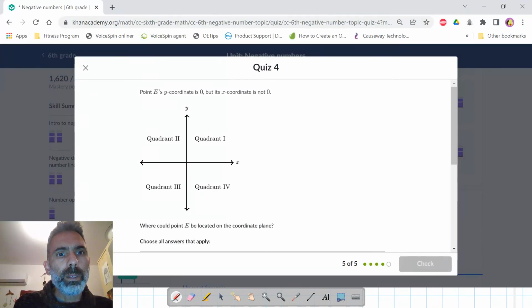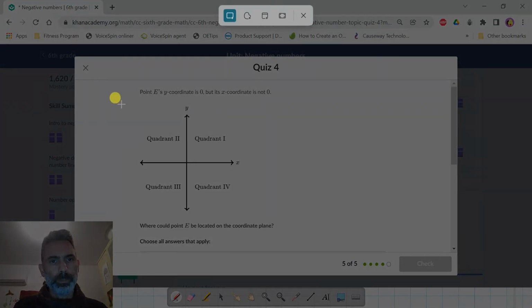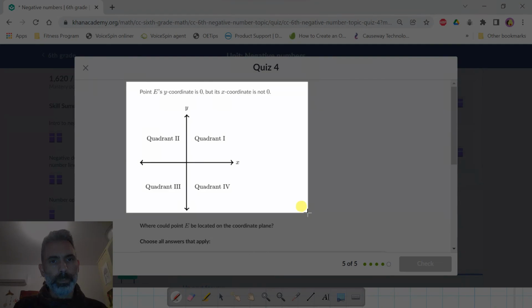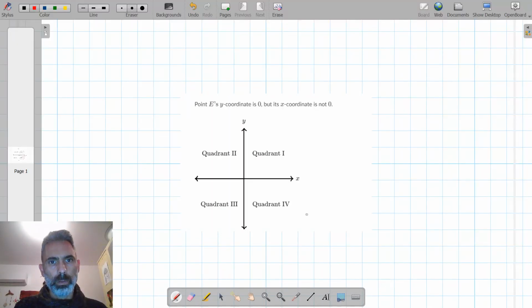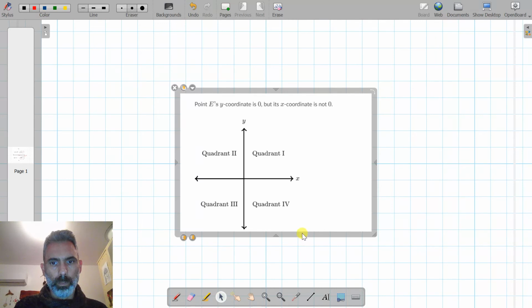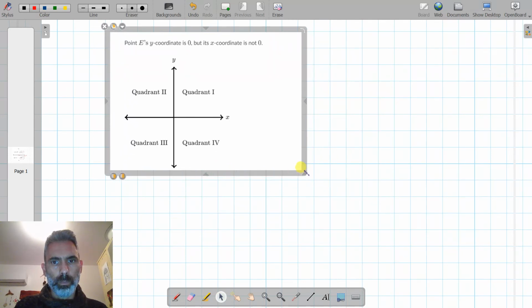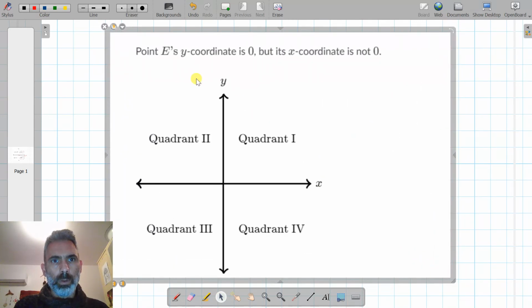Point E's y-coordinate is 0, but its x-coordinate is not 0.